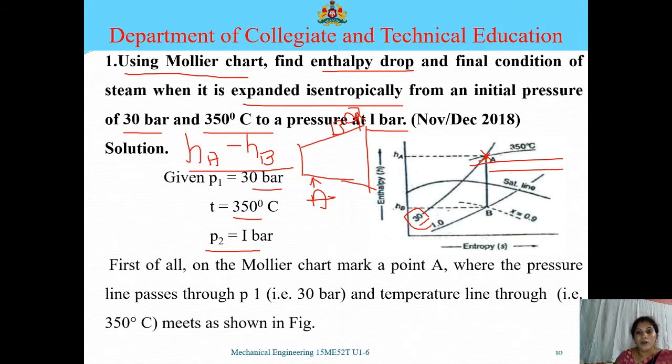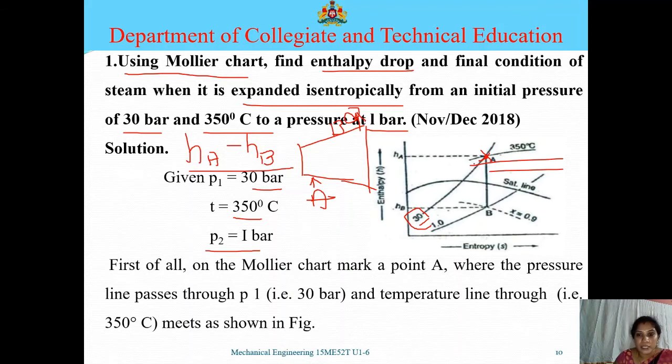Okay, then take out your scale and draw a straight line. Did you get my point? So what we did, we have taken the pressure line at 30 bar and temperature line at 350 degrees Celsius. This is the condition they have mentioned in the problem itself.